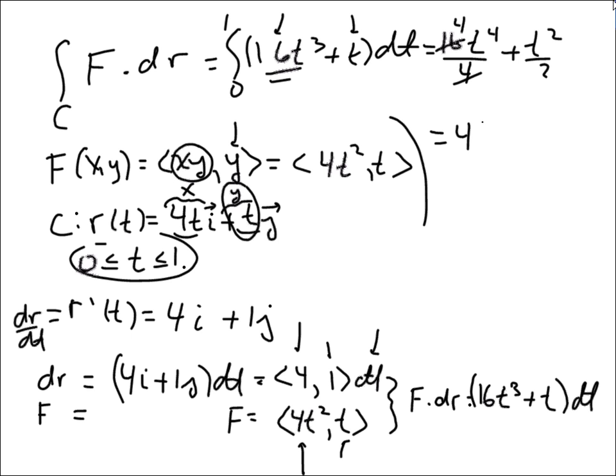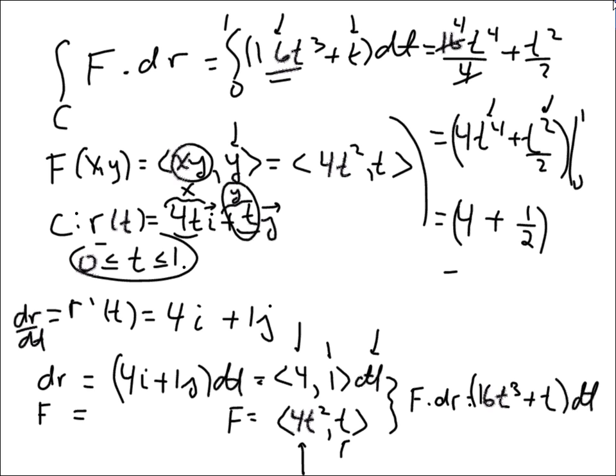So we have 4t to the 4th plus t squared over 2 from 0 to 1. You plug in 1, you get 4 times 1 to the 4th is 4, plus 1 squared is 1 over 2. And when you plug in 0, you get 0. So you get 4.5, or 9 over 2.